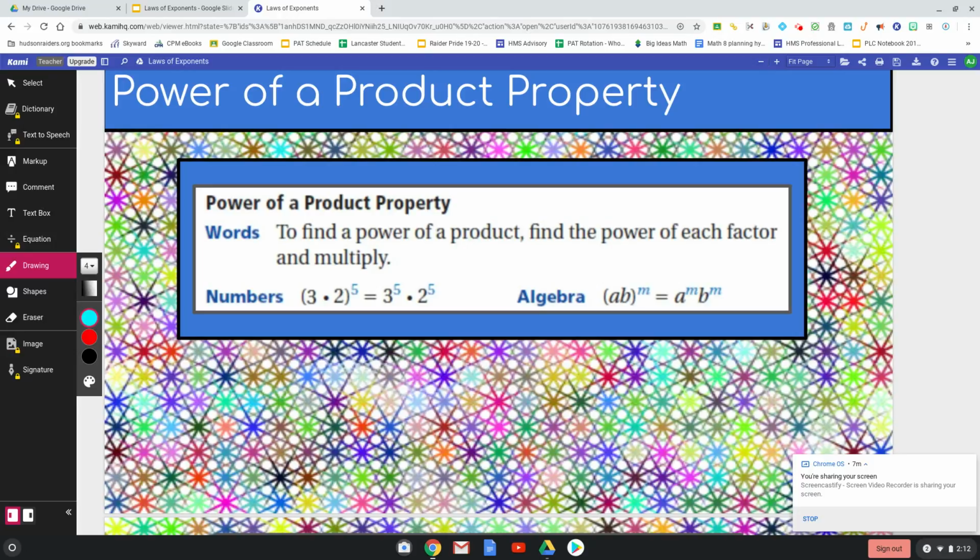We cannot simplify this any more than that because 3 and 2 are 2 different bases. They're not the same base. Same thing algebraically. If I had a times b raised to the m power, that is simplified to be a to the m power times b to the m power. So let's look at a couple examples.